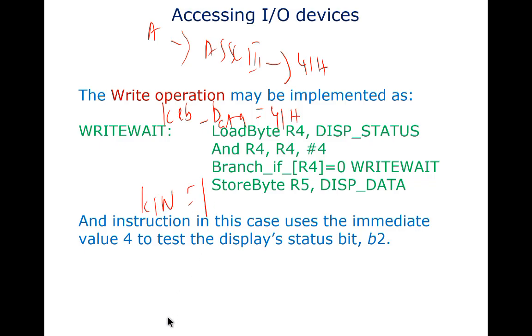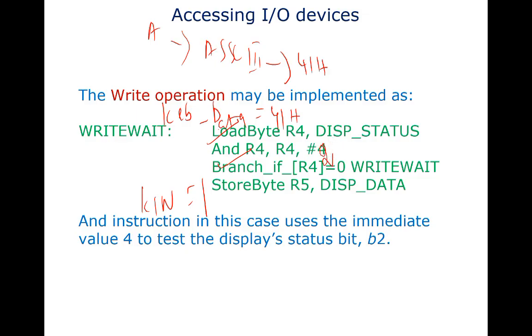Next, the processor detects KIN, and it loads with the instruction load byte R4 comma display status, and R4 comma R4 hash some value. Here I have mentioned 2 as a value.